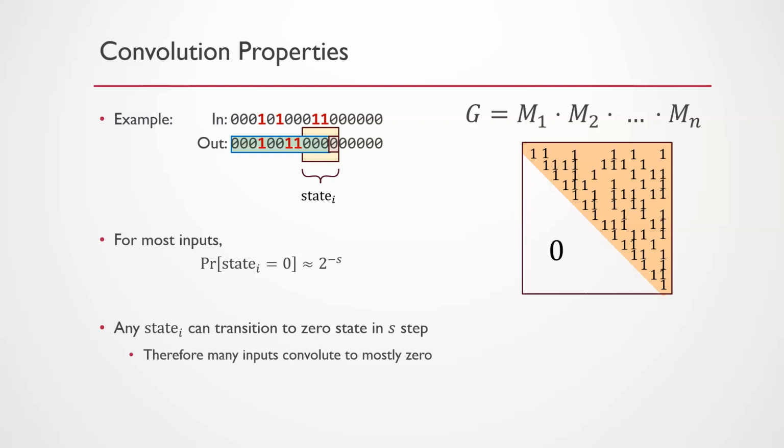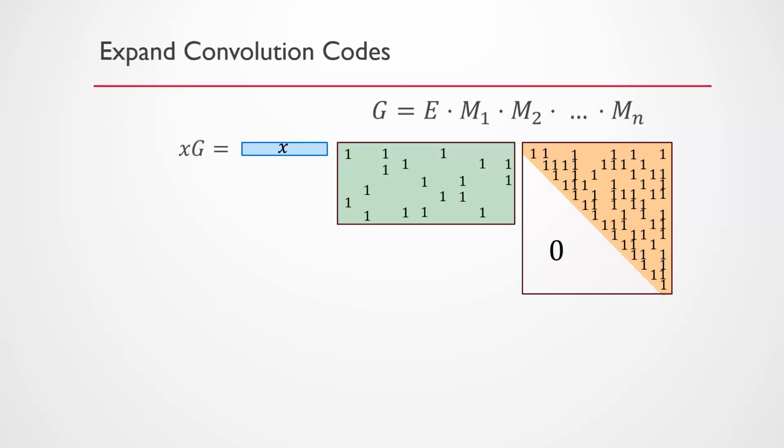And so this ends up being a problem because we're going to measure our minimum distance as the smallest weight code word, which in this setting is easily done. And so one question is, how could you possibly prevent this? The idea, and we build on some prior work, is that we want to add an additional step to the compilation.